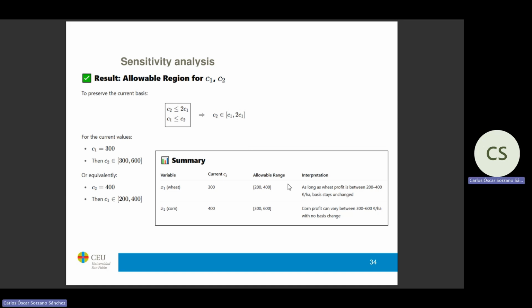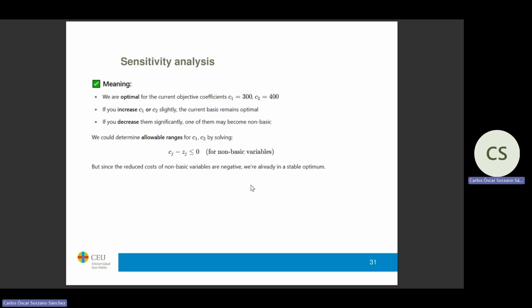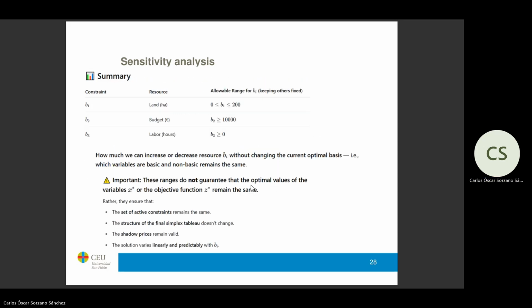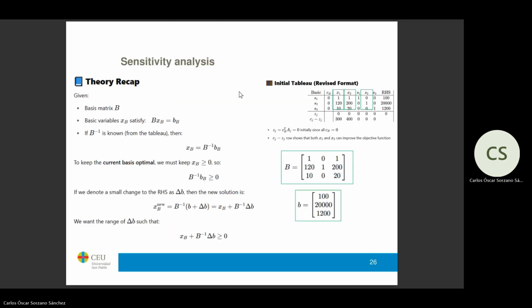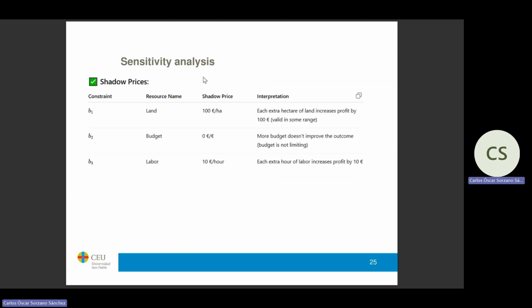That is what we have. Then we have seen how to compute those ranges for the coefficients, how to compute those ranges for the constraints, and then how a change in the constraints would affect the final objective function. Okay, any questions?